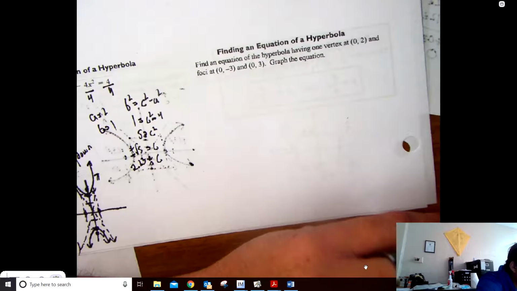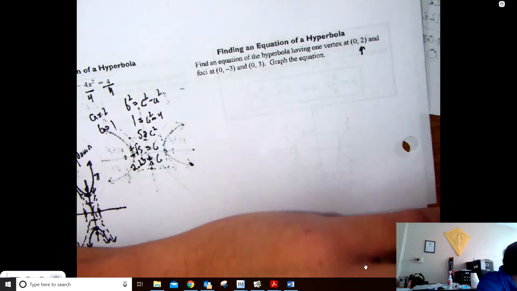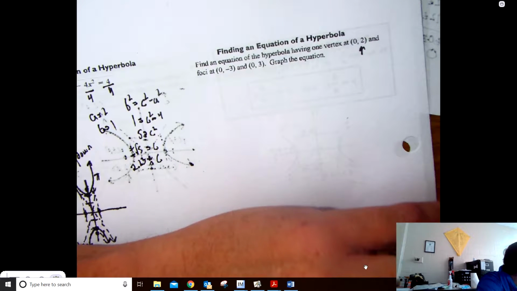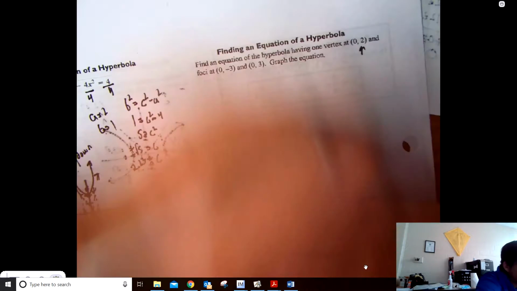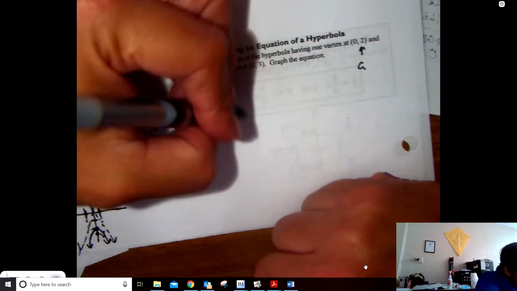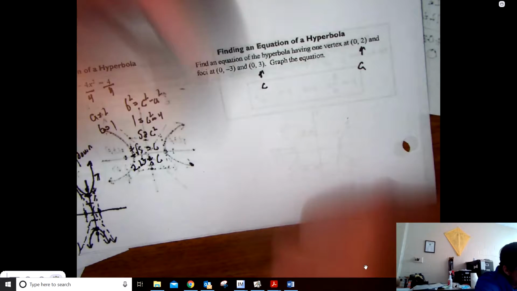Well, let's write the equation first. What's that give you? What letter? A. Vertex gives you A, doesn't it? What's that give you? C.